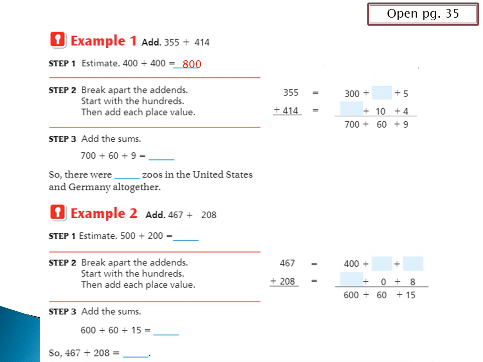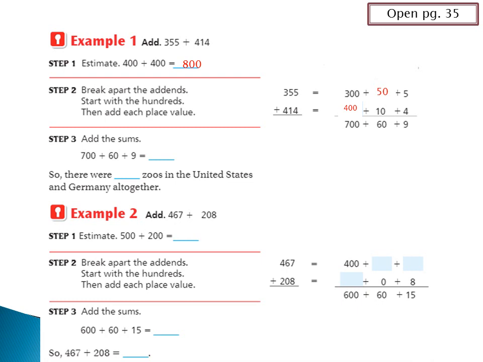355 equal to 300 plus 50 plus 5. 414 equal to 400 plus 10 plus 4. Let's add each place value. Always start with the ones. 5 plus 4 equal 9. 50 plus 10 equals 60. 300 plus 400 equals 700.